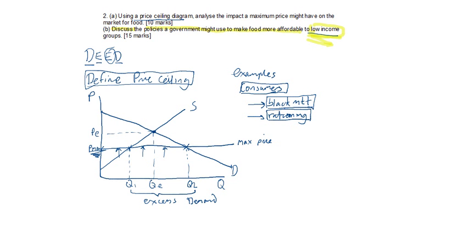So let me just start a new page. Okay, so because there's less supply than we expect, we might suggest that another thing that they could do is provide a subsidy instead of, or as well as.